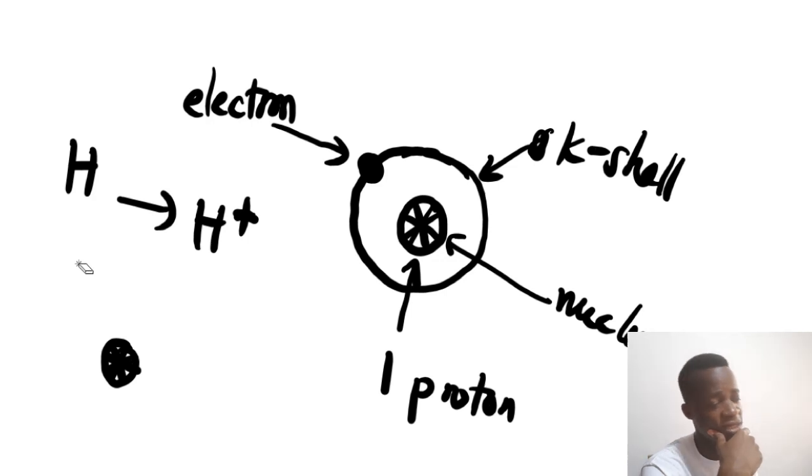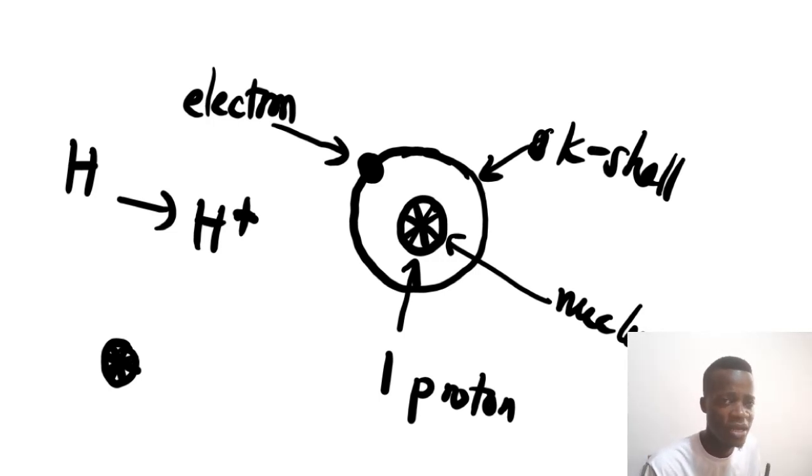The other way to attain stability: because we need a maximum of 2 electrons, why can't hydrogen just be part of another group that takes 1 electron? Those elements that seek 1 electron are in group 7.